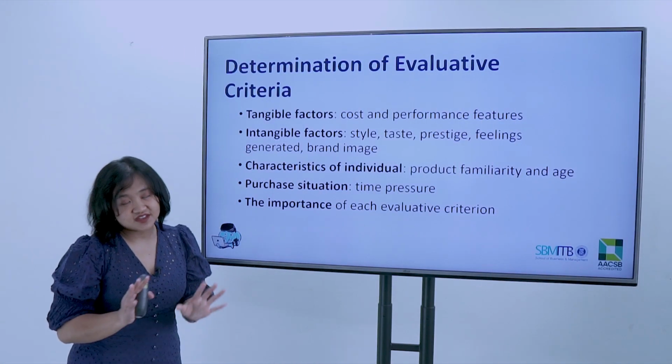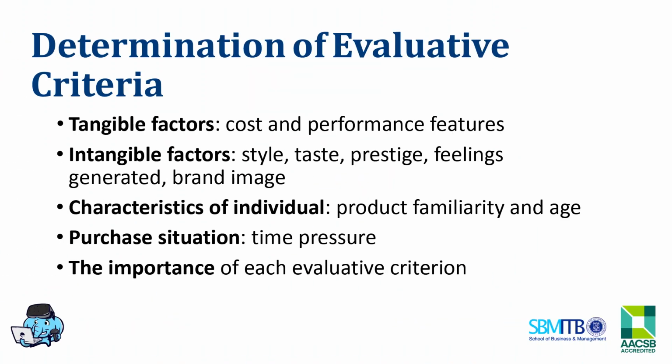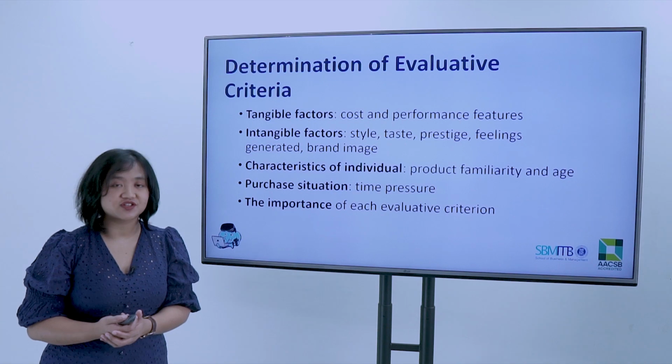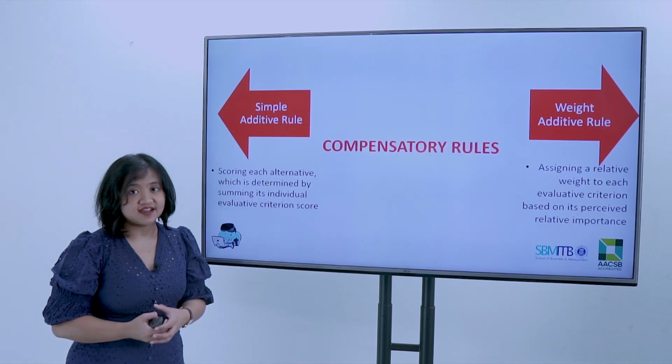The factors we usually consider during our evaluation are tangible factors like the cost and performance features, or intangible factors like the style, taste, brand, or characteristics, product familiarity and age, sometimes the purchase situation, the time pressure, whether we are in a hurried situation or not, and then the importance of each evaluative criterion. So this is the process that we consider when we evaluate products.